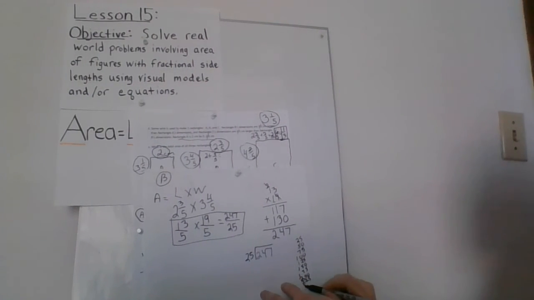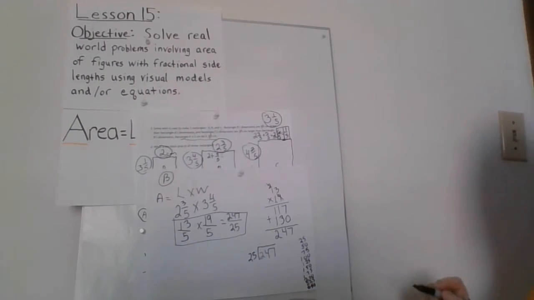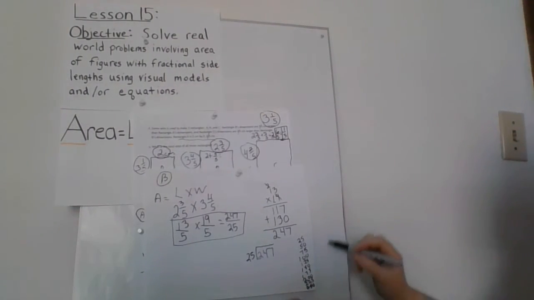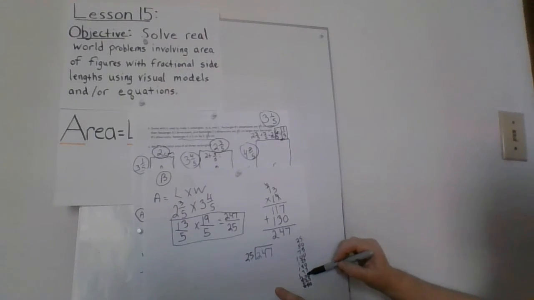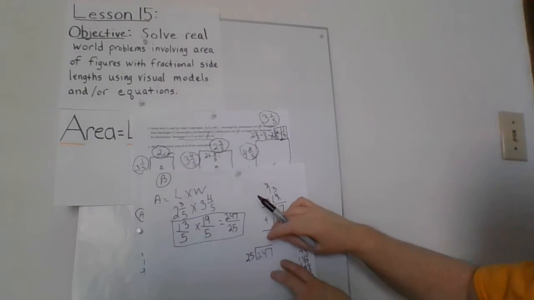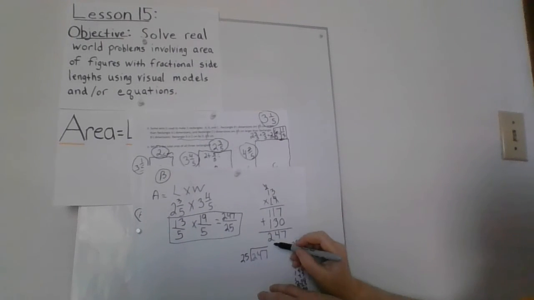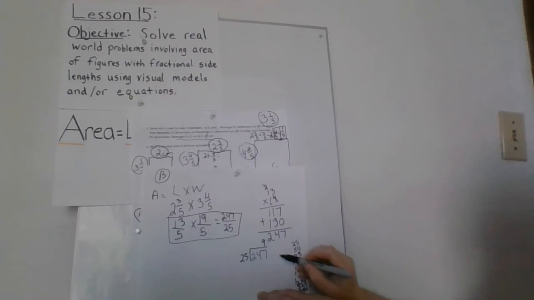If I go to 250, that's too much. So I'm going to stop at 225. That's going to be 1, 2, 3, 4, 5, 6, 7, 8, 9. So 225 fits into 247 9 times.